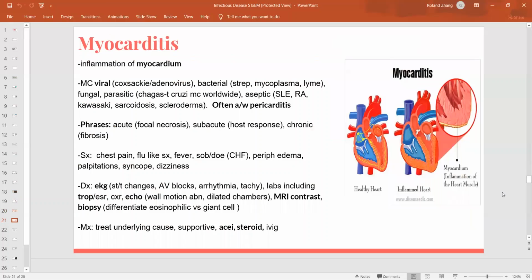Next slide is inflammation of the myocardium, or myocarditis. Most often, almost always, it is viral. Sometimes you can get bacterial, and it's often associated with pericarditis as well. So often with myocarditis, you get pericarditis, but with pericarditis, you often do not get myocarditis.